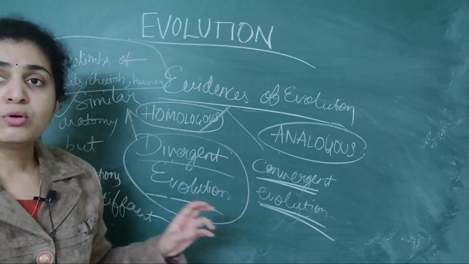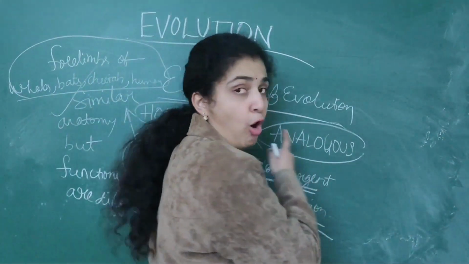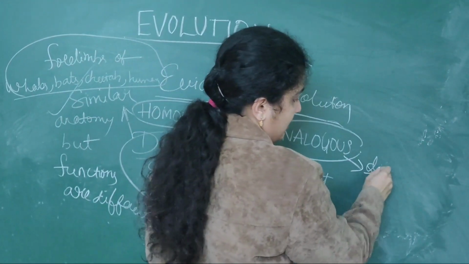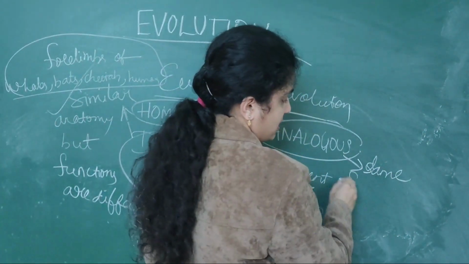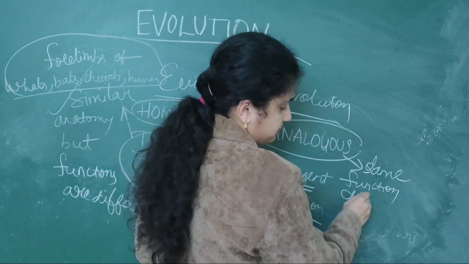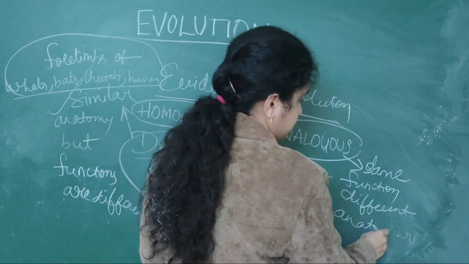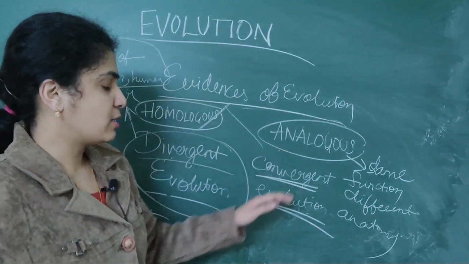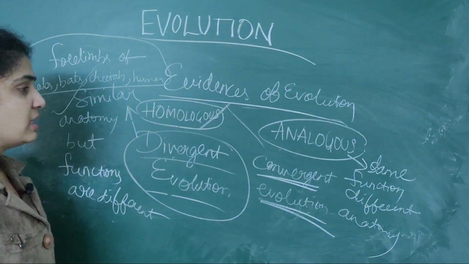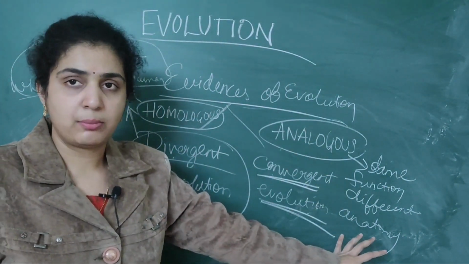They have the same functions but different anatomy, opposite to homologous. That's why they are called analogous and they are classified under convergent evolution. So they share the same functions but have different anatomy.